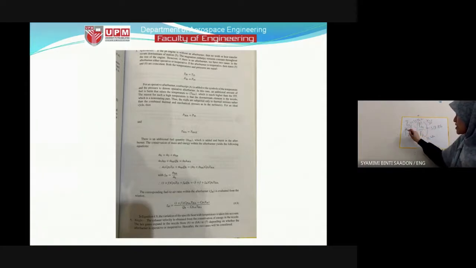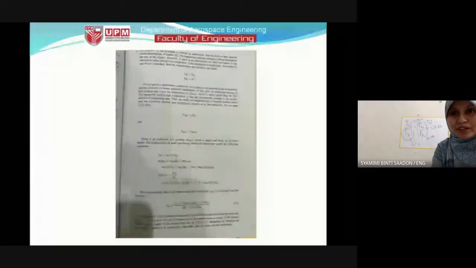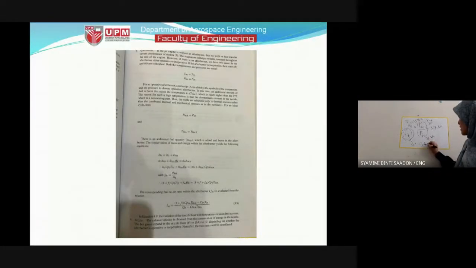So we can calculate T7. The temperature at the exit of the nozzle is 563.6 Kelvin, around that, 563.